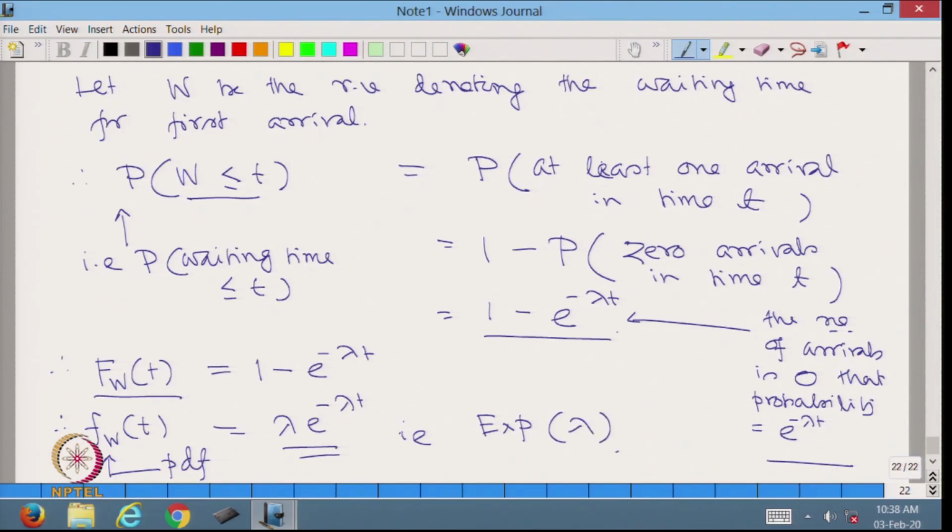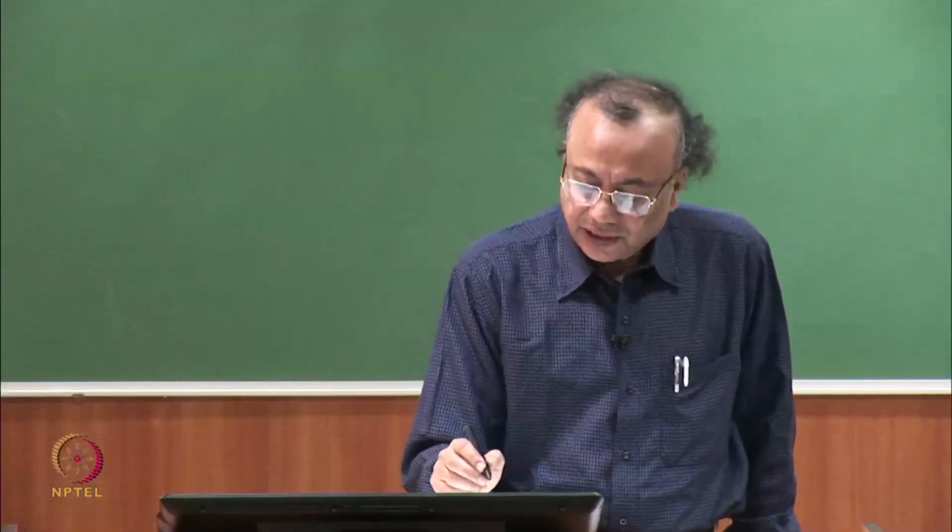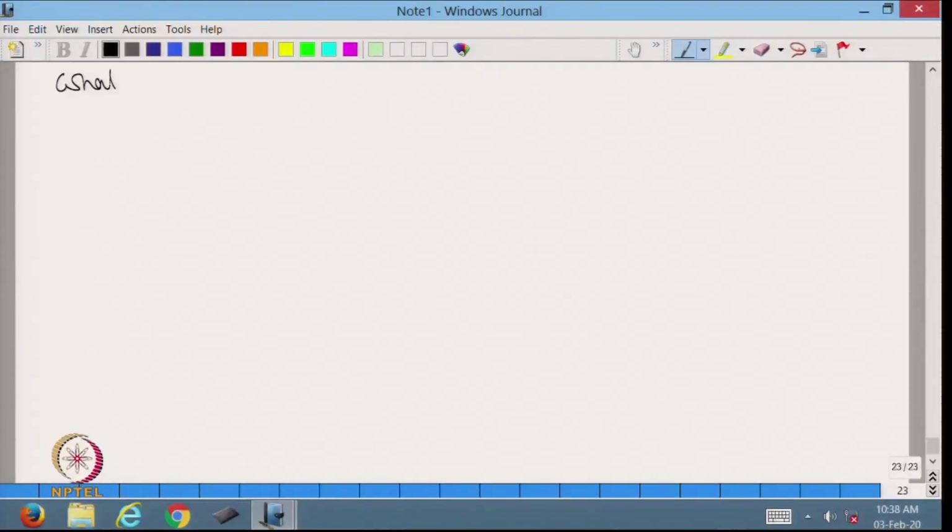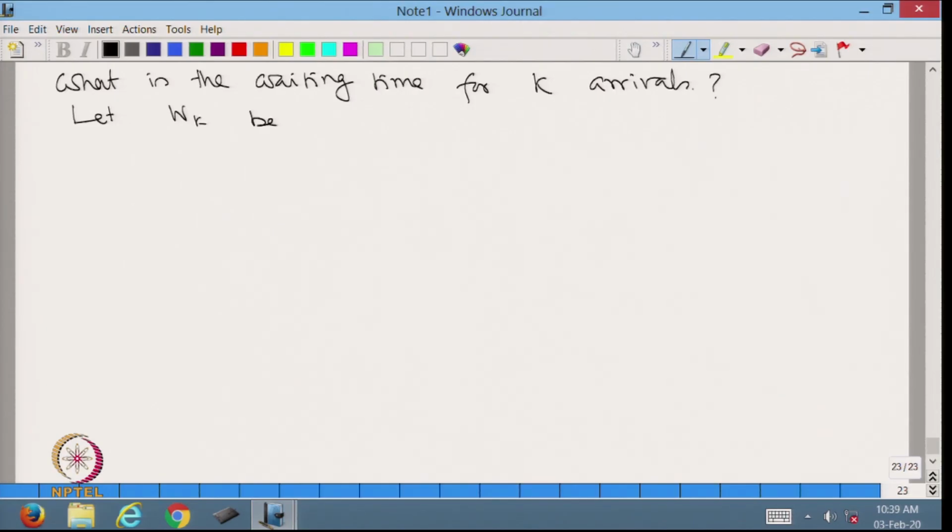So, this is a very interesting relationship between the exponential and Poisson distributions. Now, let us generalize this. What is the waiting time for k arrivals? Let W_k be the waiting time for k arrivals.